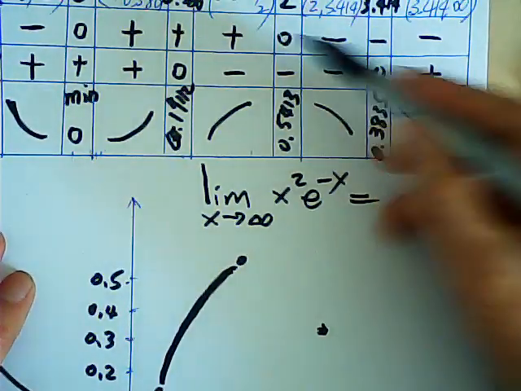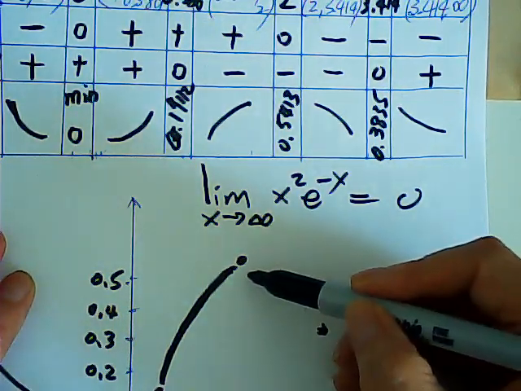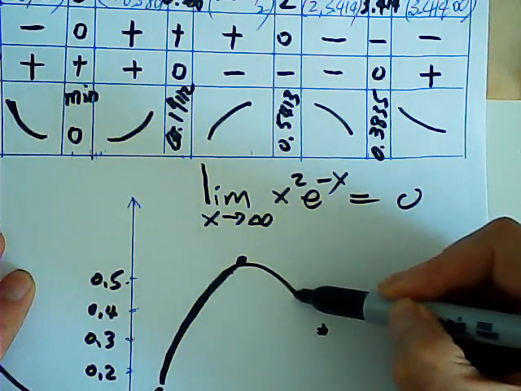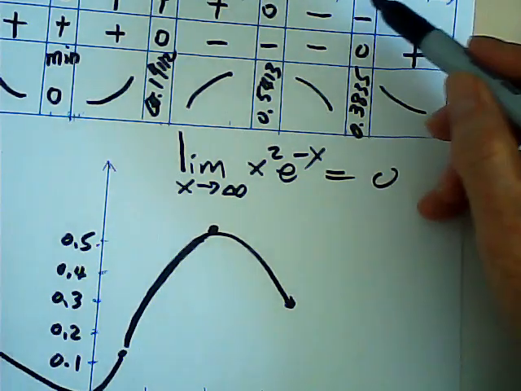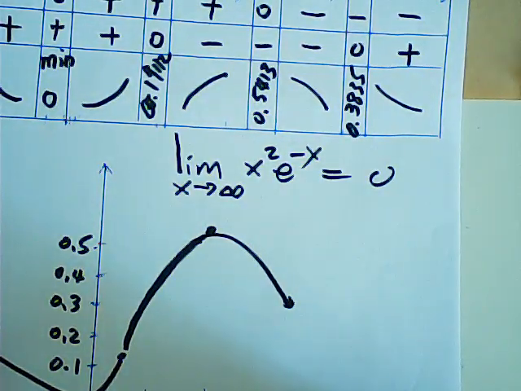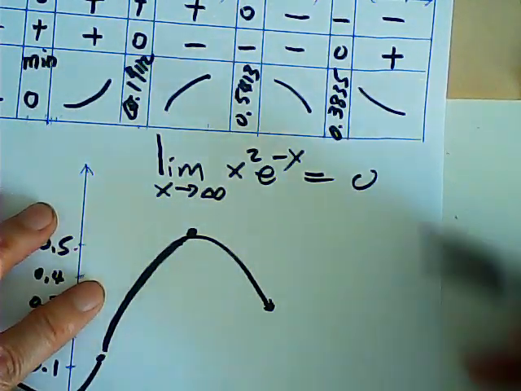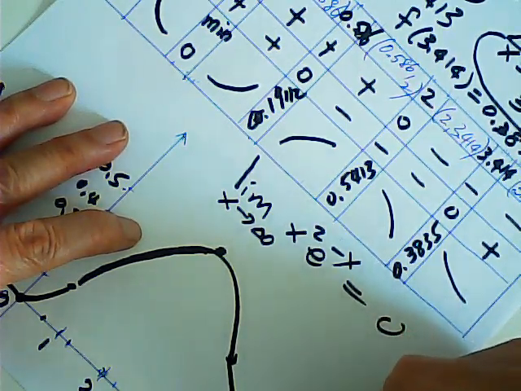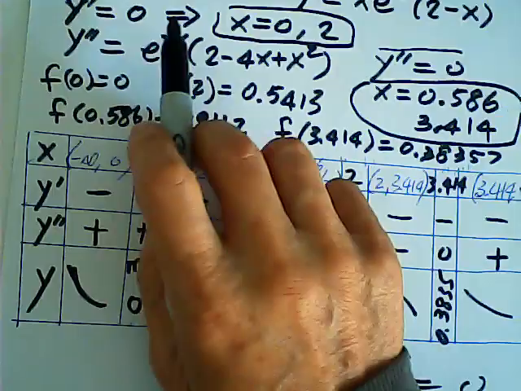Then from 2 to 3.4, from 2 to this point, the curve looks like this shape. And from 3.47 onward is this shape. And with y equal to 0 is the asymptote. So it looks like this. So that will be the curve of this function.